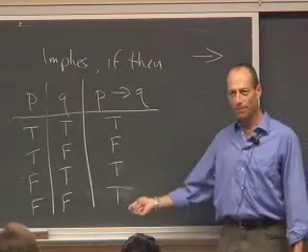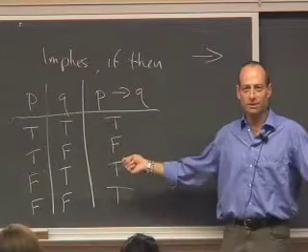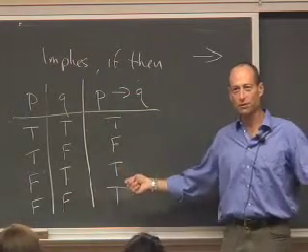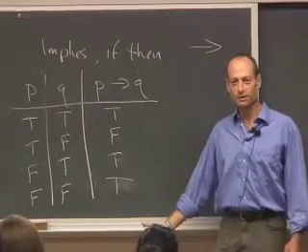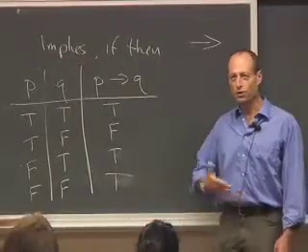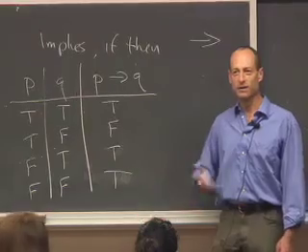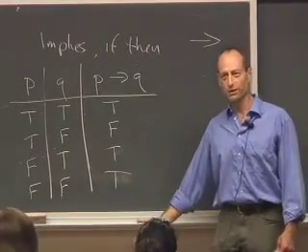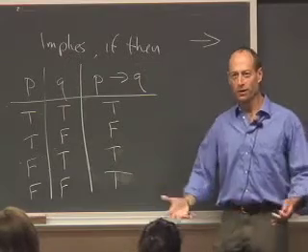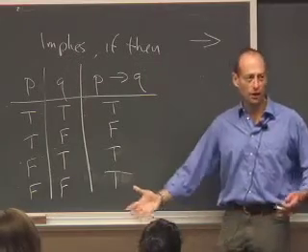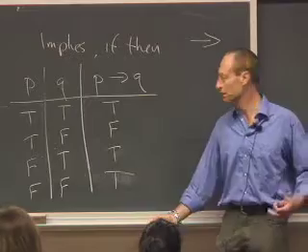If A didn't happen, all bets are off. The statement doesn't tell you what's going to happen. This is like: if it's sunny, I will wear sandals. To refute that, it has to be sunny and I don't wear sandals. If it isn't sunny, you can't refute it. It doesn't matter whether I wear sandals or not. It's not contradicting anything.